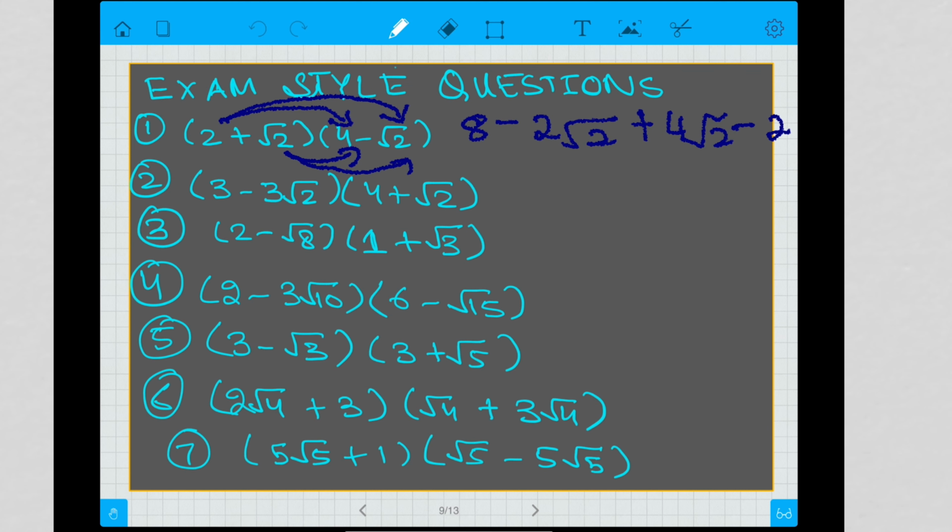And then you do like terms: numbers with the numbers. 8 minus 2 is 6. And then minus 2 root 2 plus 4 root 2 is plus 2 root 2. Okay, please guys, attempt all these remaining exam-style questions and practice them as many times as you can.